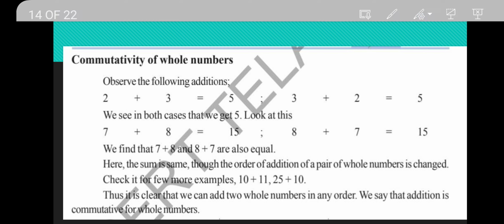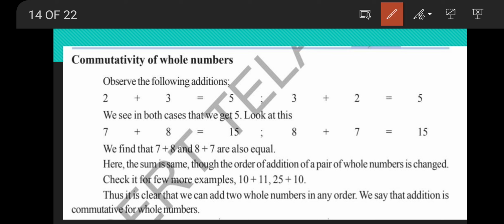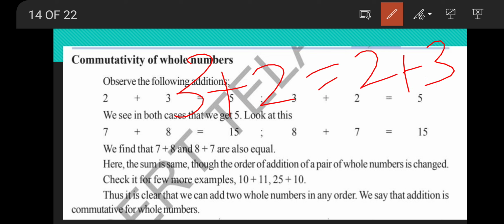It means if you add any two numbers in any order, 3 plus 2 is equal to 2 plus 3. If we add in any way, we will get the same result.